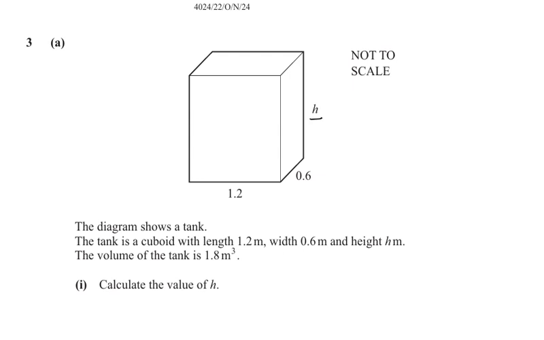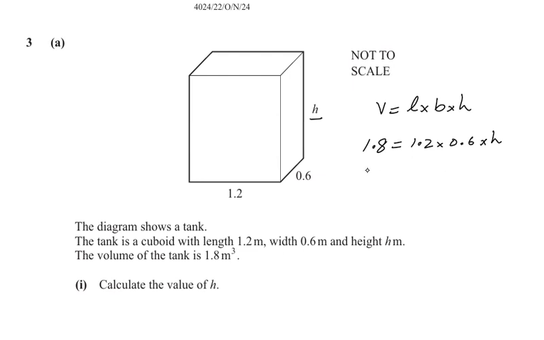To find the value of H, we know that the volume of a cuboid is equal to length multiplied by breadth multiplied by height. So the volume is 1.8 meters cube, which is equal to length 1.2, breadth or depth, whatever you call it, 0.6, and height is unknown, so we insert h.